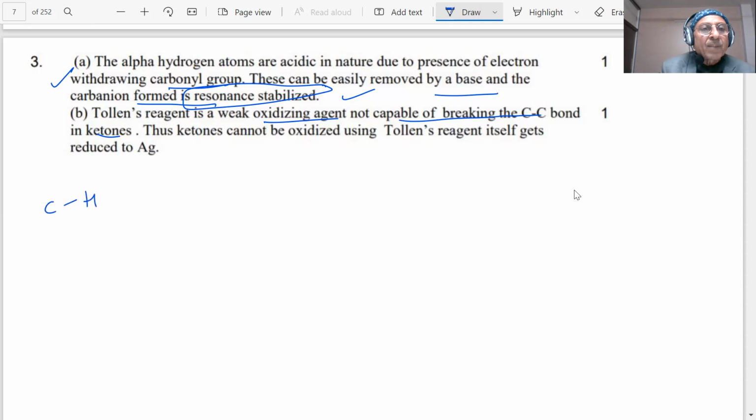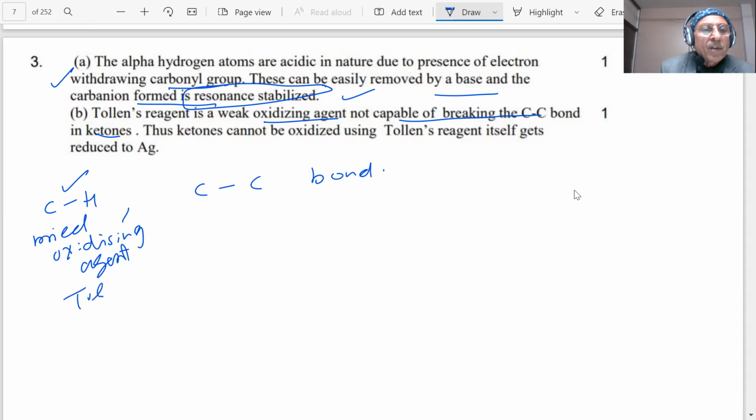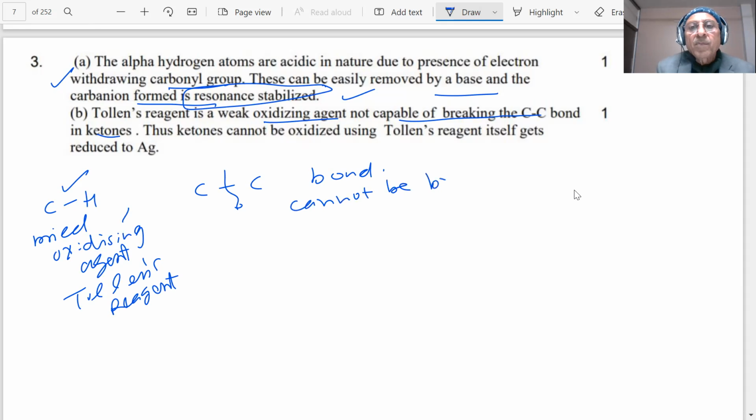There is a difference between a carbon-hydrogen bond and a carbon-carbon bond, student. The carbon-hydrogen bond can be easily broken by mild oxidizing agents like Tollens reagent. Tollens reagent is ammoniacal silver nitrate, a mild oxidizing agent, and the carbon-carbon bond cannot be broken by it.